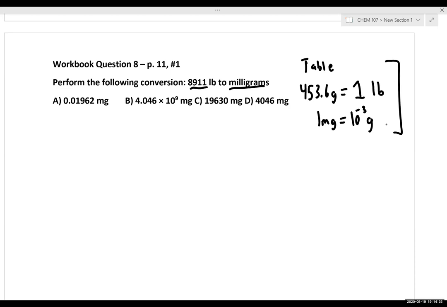The reason why we're continuing to go through the note sets is it really sets us up nicely for the laboratory today.